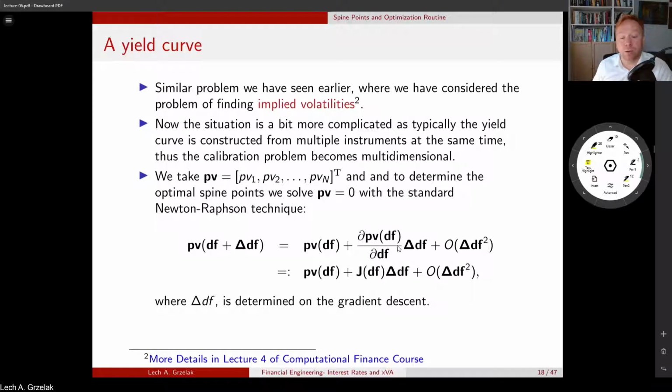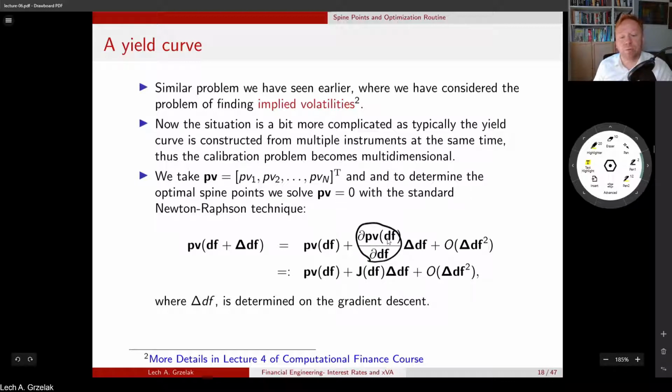So we have to calculate this partial derivative, times delta df. You can see this expression is just a Taylor expansion of PV at df, and then we have a delta df.